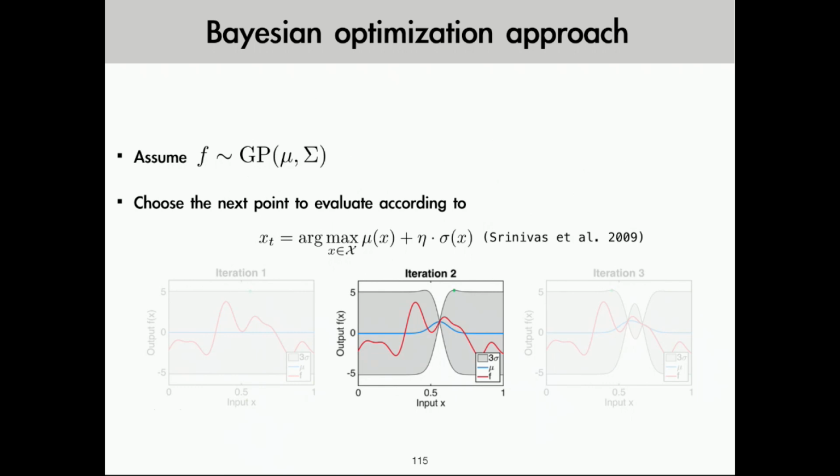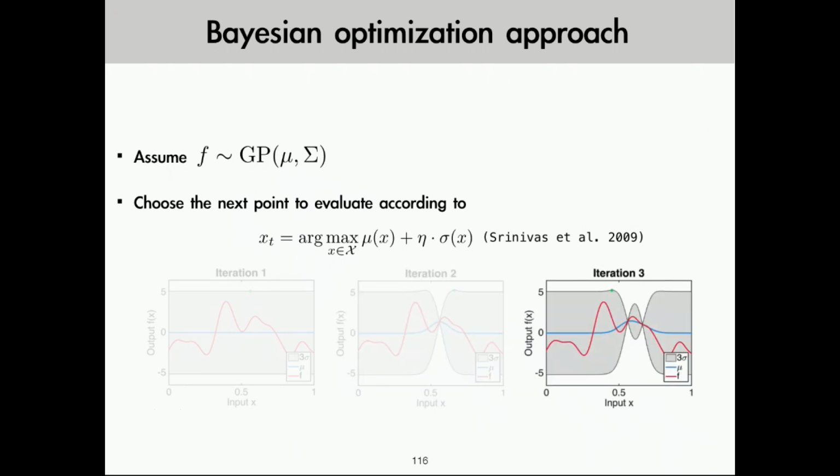But as soon as we evaluate a particular point, our uncertainty shrinks at this point as well as at the nearby points. And if we repeat this process by maximizing this criterion, we can see that we can be more efficient in terms of the number of function evaluations by explicitly modeling the uncertainty in the objective function.